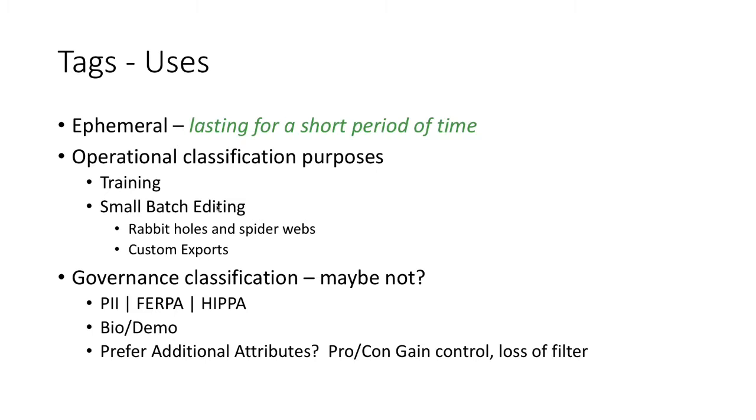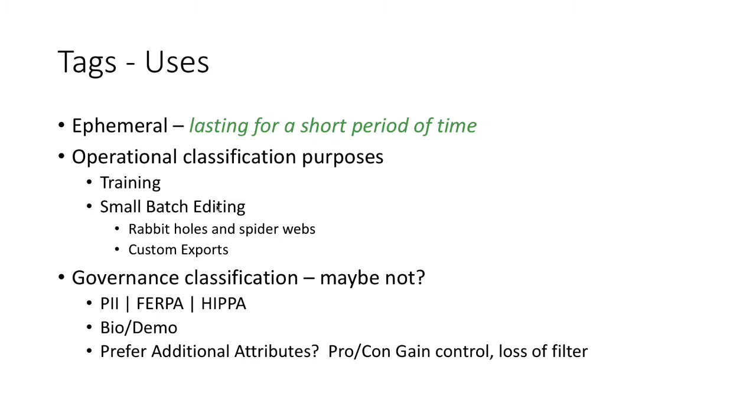We have a feature called additional attributes that allows you to create a custom field, and clients do use that. It'll be a checkbox field: if this definition falls under FERPA or falls under HIPAA, etc., then you'll check that box. That's a more controlled way to flag those things.